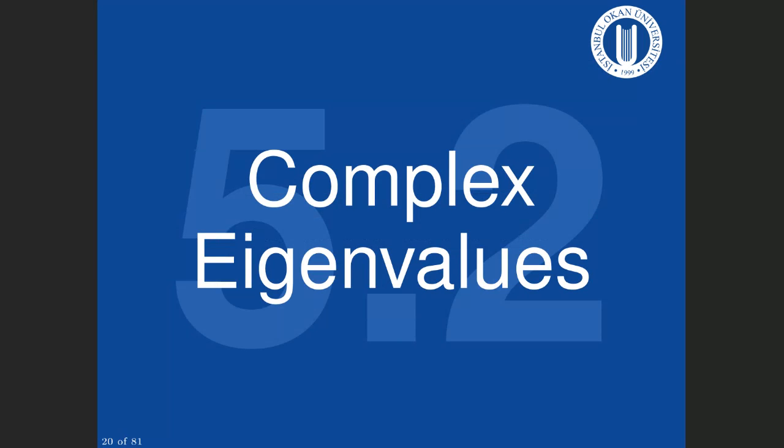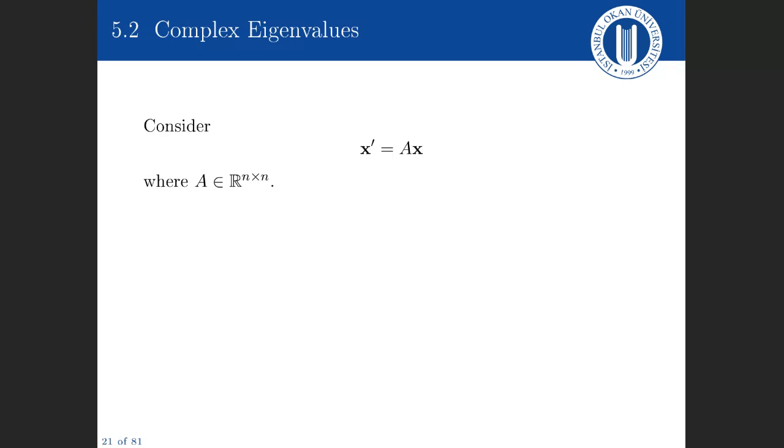This should be section 5.4. Again, we're going to be considering a homogeneous linear system with constant coefficients. In other words, we're going to be looking at x prime is equal to Ax.